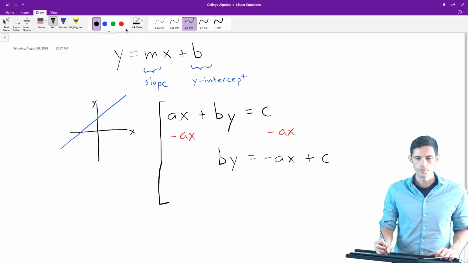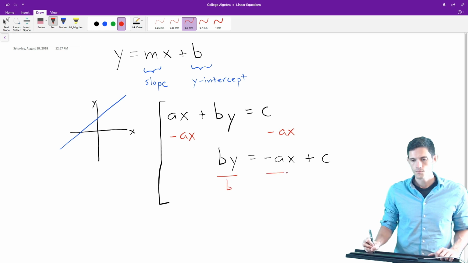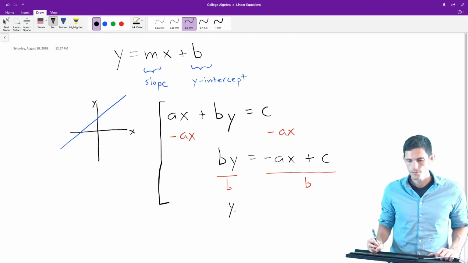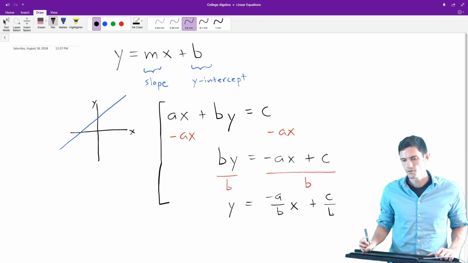And then if I divide both sides by b, then I have y is equal to negative a over b times x plus c over b.